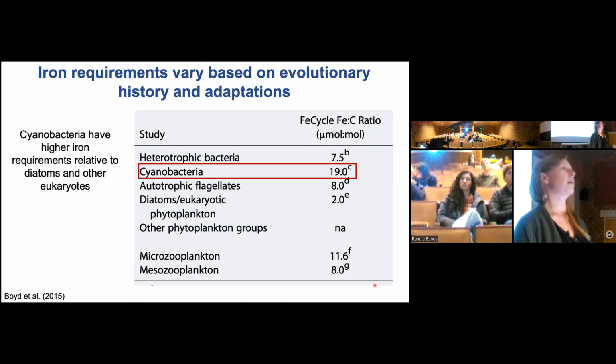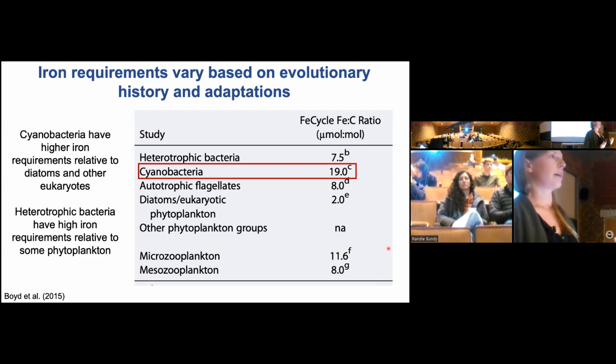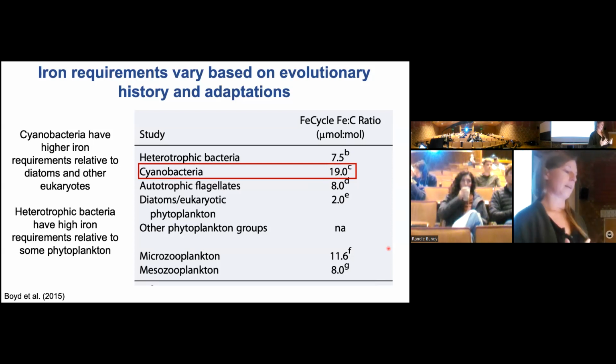As I mentioned, they were evolving in this iron-rich ocean, and so they have much higher iron requirements relative to, say, diatoms or other eukaryotes. Heterotrophic bacteria also have quite high iron requirements relative to diatoms. And so some of these iron requirements are based on their evolutionary history and other adaptations that they've made to adjust these metal quotas.